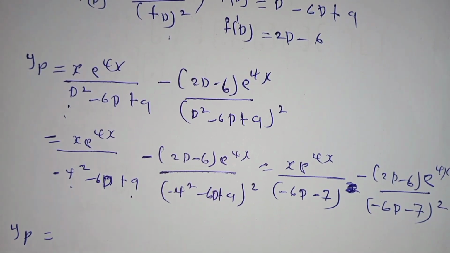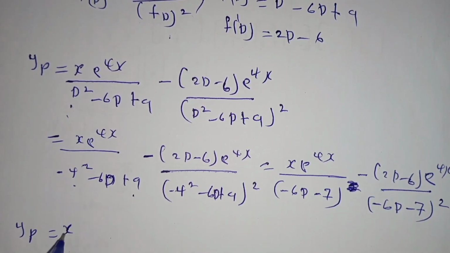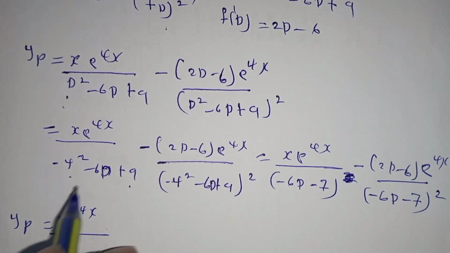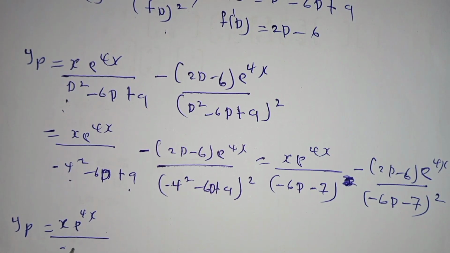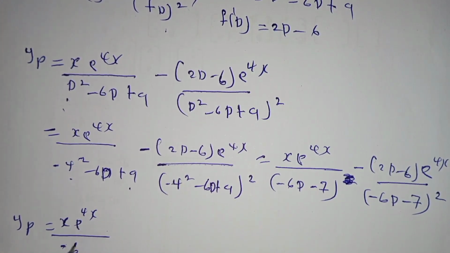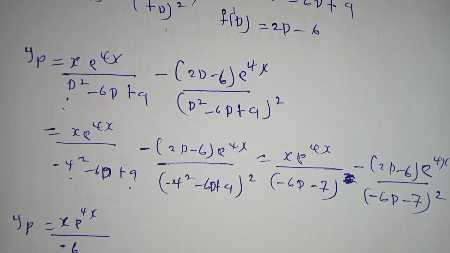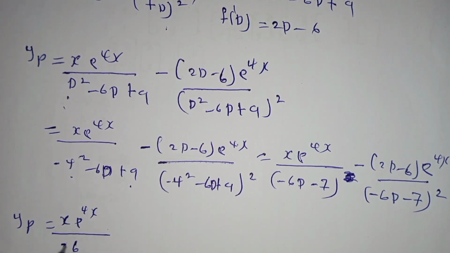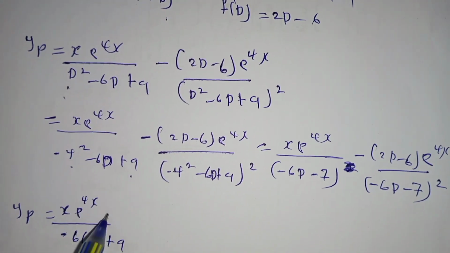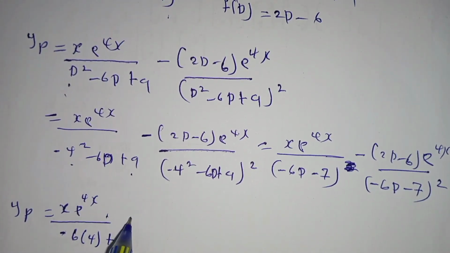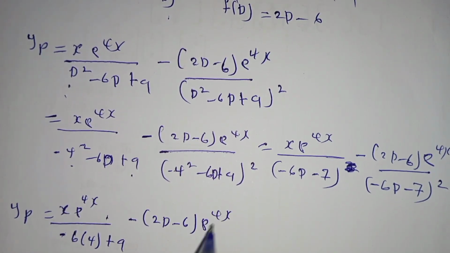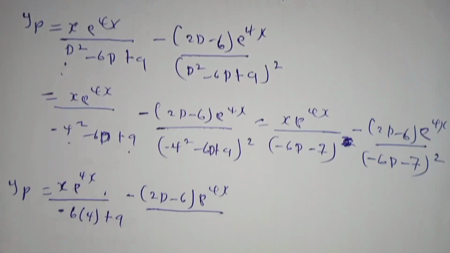So our yp is x exponential 4x divided by, this part here you have minus 6 multiplied by 4 plus 9 minus bracket 2d minus 6 exponential 4x divided by.